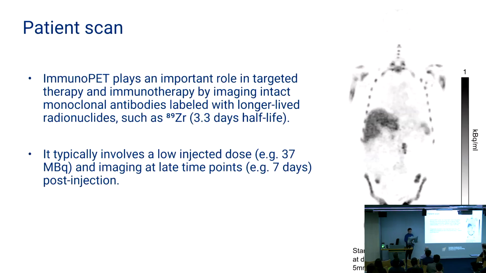Due to this long half-life and the typically slow kinetics of this type of tracer, it typically involves a low injection dose, for example about 37 MBq, and is imaged at late time points, for example day 7 post-injection. On the right is an example of zirconium-89 atezolizumab for imaging the PD-L1 receptor for selection of CAR T-cell therapy. You can see from this image that the activity concentration for each voxel is quite low, so we think it is a proper dataset for testing these algorithms.